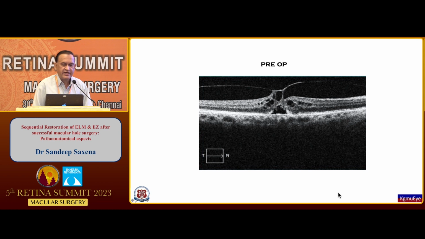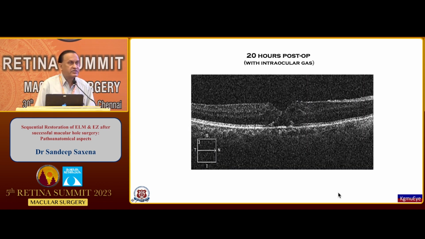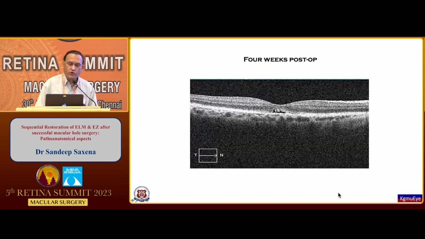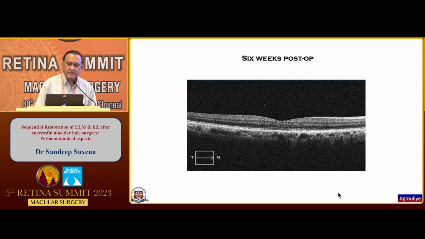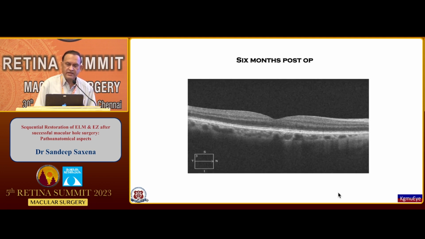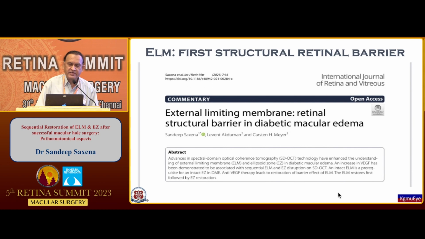Here is a case of a stage 2 macular hole, and the EZ and ELM restore over a period of time: at 1 week, then at 4 weeks, subsequently at 6 weeks things are becoming more or less normal, and then at 12 weeks, and finally at 6 months, the macular architecture is well maintained.